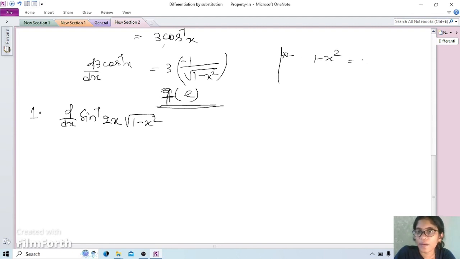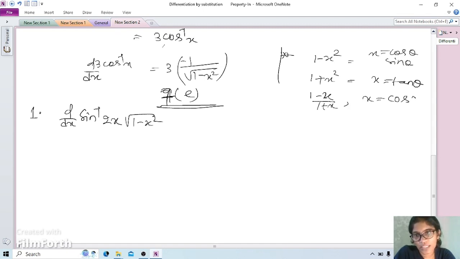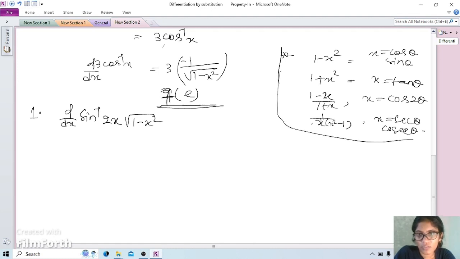Here is a method. Wherever 1 minus x square appears, we put x equal to cos theta or sin theta. Where 1 plus x square appears, we put x equal to tan theta. In the case of 1 minus x by 1 plus x, we put x equal to cos. In some cases, like 1 by x root of x square minus 1, we put x equal to sec theta or cosec theta. That is the method.